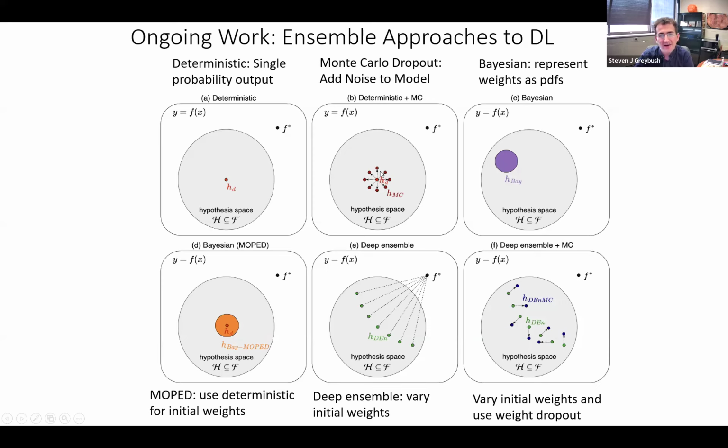The Monte Carlo dropout would be like you're exploring similar solutions here. The Bayesian machine learning looks like you now have a PDF space here. In this other one, Bayesian MOPED, you're now recentering it around the deterministic. So this would almost have an analogy to recentering an ensemble around our deterministic solution. And then you have some other types, this deep ensemble plus Monte Carlo, where you're varying the initial weights.